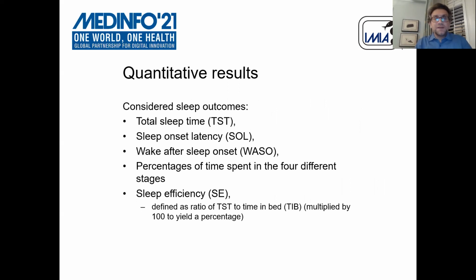In quantitative analysis, we tried to calculate some sleep indices, including total sleep time, sleep onset latency, wake after sleep onset, percentage of the time spent in different stages, and sleep efficiency.